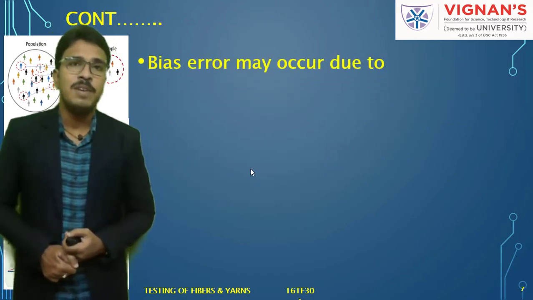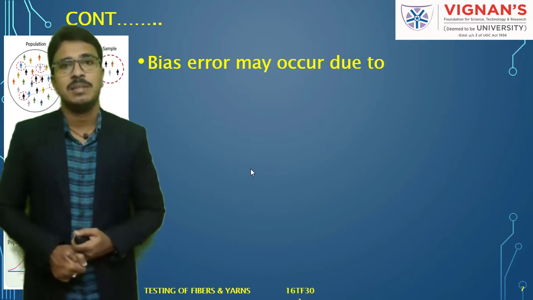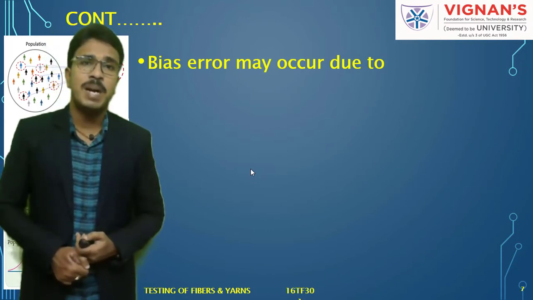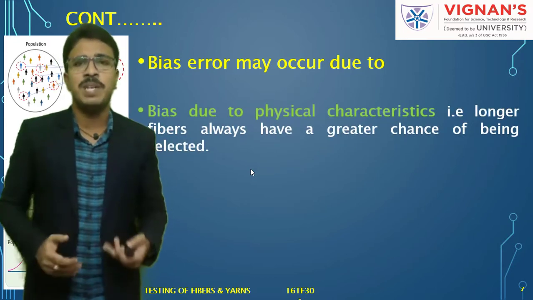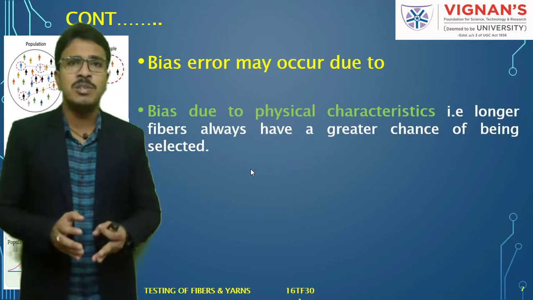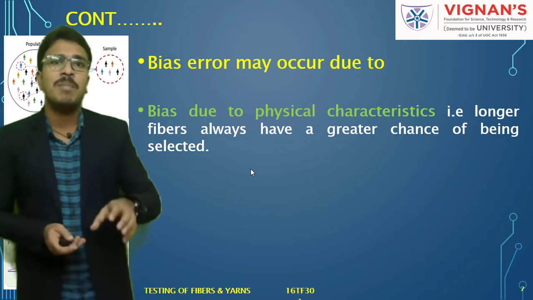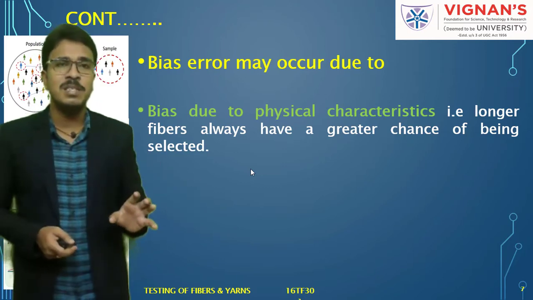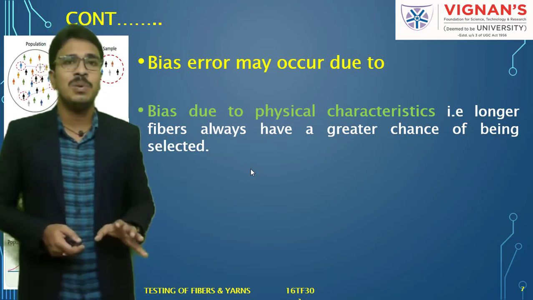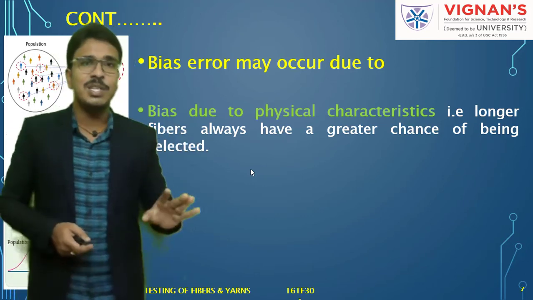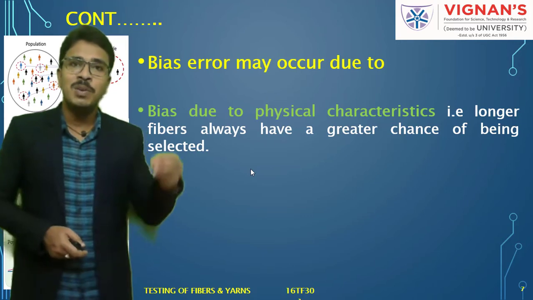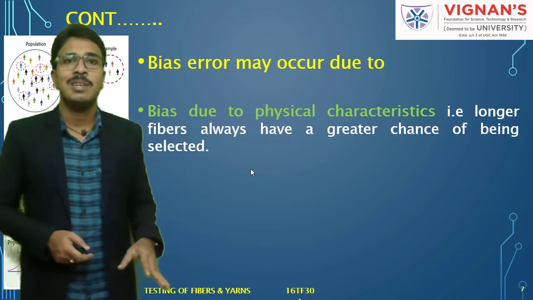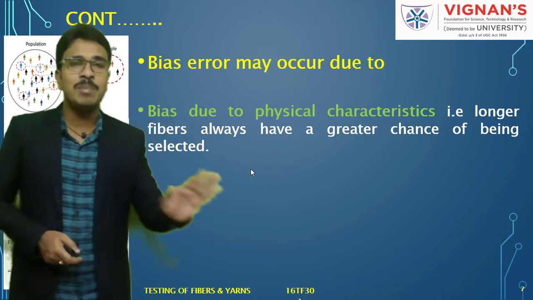Now, if you look at this biased error, it may occur in different ways. Bias, you know it already, right? Suppose you are biased toward someone else, that means whatever activities he does, you always say he is right. Even though he is doing some wrong things, you always support him.